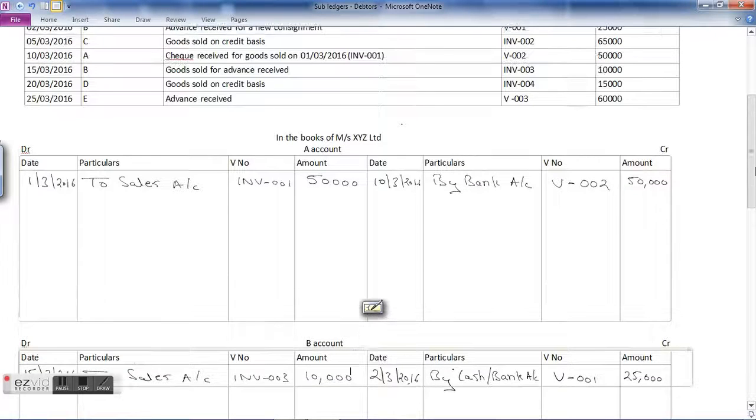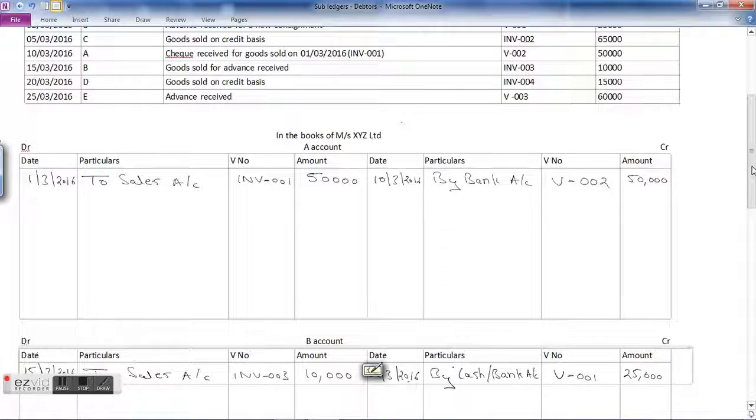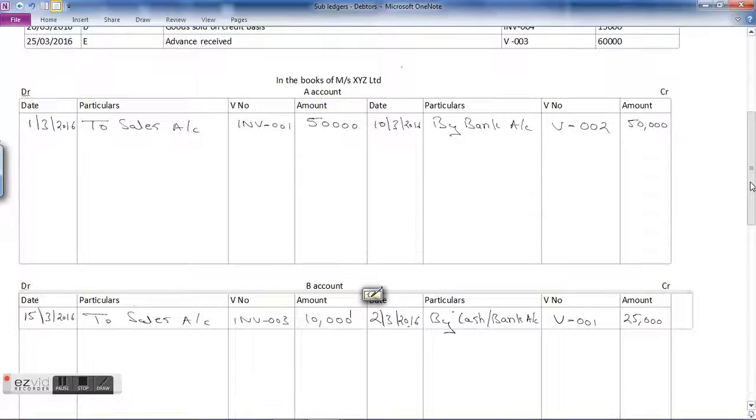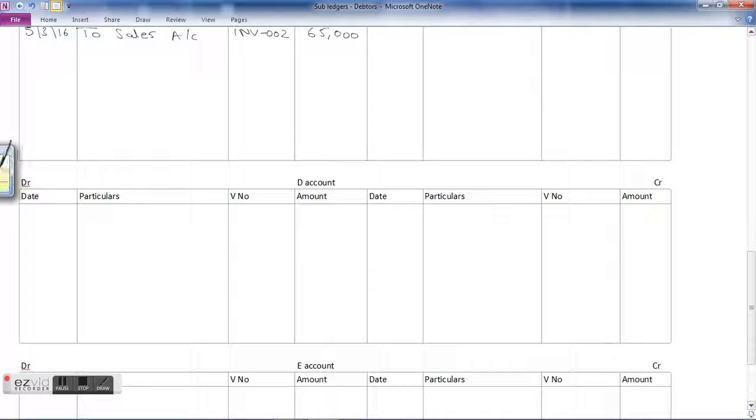Now the next transaction, 2/3/2016, D, goods sold on credit basis, INV 004, 15,000. So on the debit side of D's account, we will post this entry. The entry will be D's account debit to sales account.